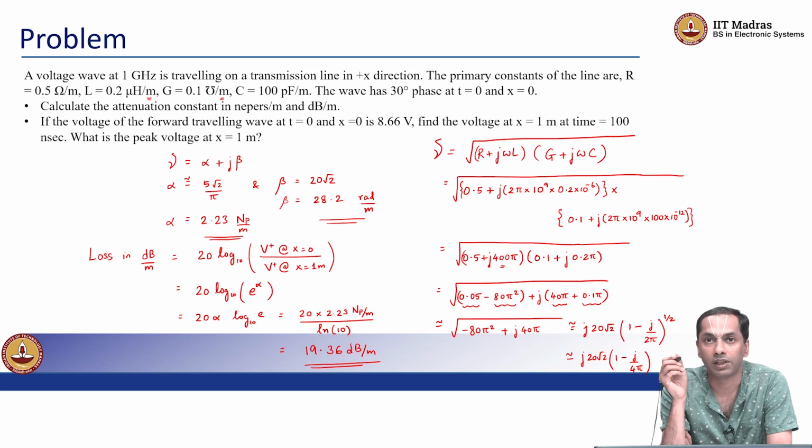Remember that when we substituted gamma is equal to square root of (R plus j omega L) times (G plus j omega C), R was substantially smaller than j omega L, whereas G was not much smaller than j omega C. So you can actually say that the losses through the dielectric are perhaps the key reason for the loss that we are calculating here. In fact, you can even go to the extent of saying R is equal to 0 and estimating gamma, and you may find that your alpha values do not change by a lot.